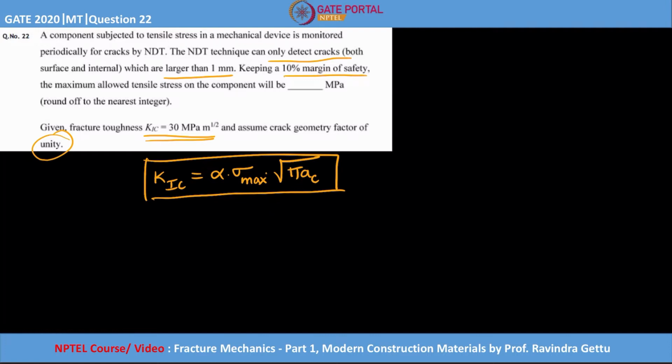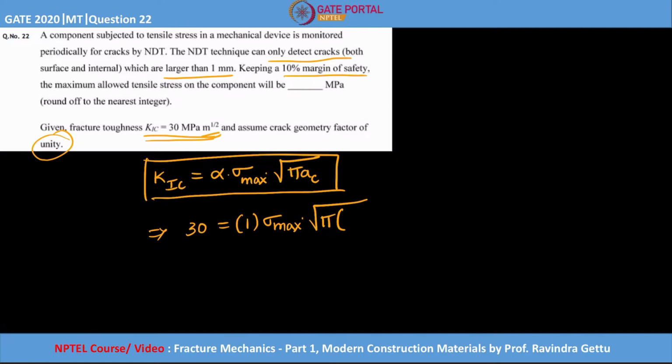Initially, in this particular question they said that it can only detect cracks larger than 1 mm. So that means the critical length would be 1 mm. If I note down all the values, this is 30, alpha is given as 1, into sigma max, into root of pi into, because this is in meters, let us also convert the mm into meters.